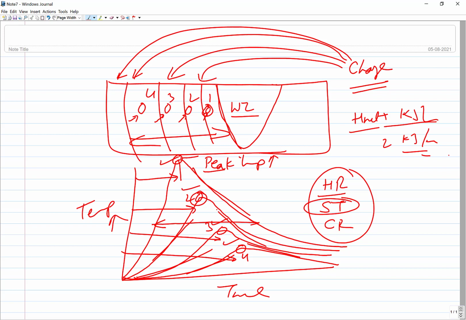So accordingly, the metal will be affected in a different way. The point here is very simple: greater the heat input, more will be the problems related with the heat being given to the base metals. More will be the heat affected zone, more will be the deterioration in mechanical properties, greater will be the undesirable changes in the base metal which is being joined. Okay.